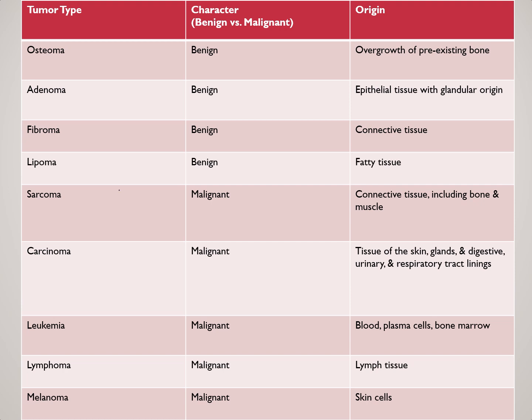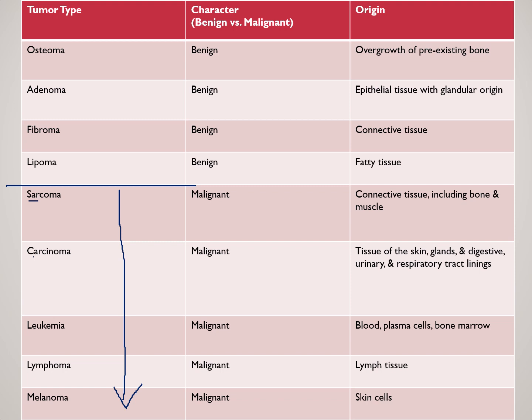Everything from here on down is malignant in tumor type. The first one is sarcoma. It is a malignant tumor. The origin is connective tissue, including our bone and our muscles.